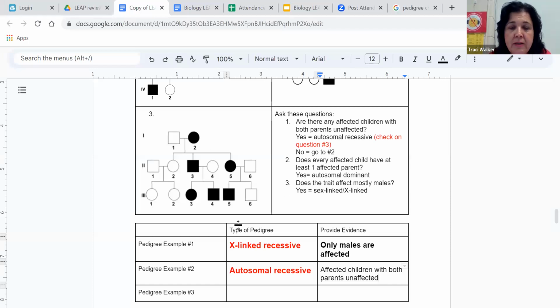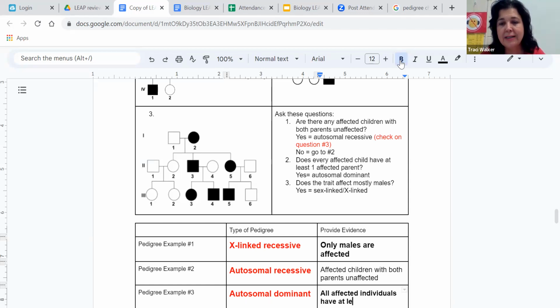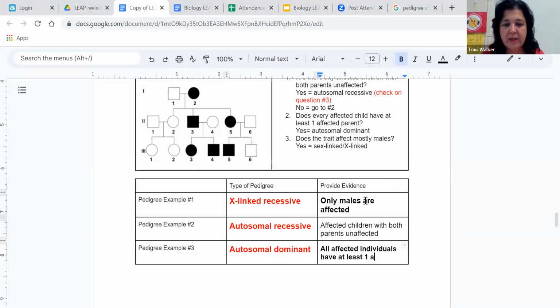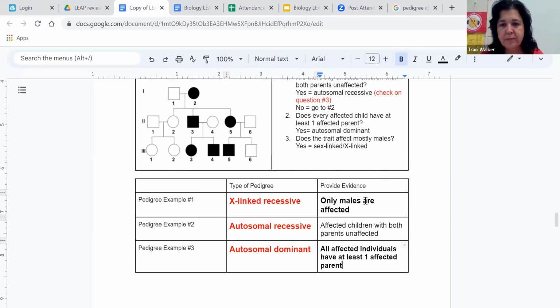So that means this pedigree represents an autosomal dominant trait, and my evidence is all affected individuals have at least one affected parent.